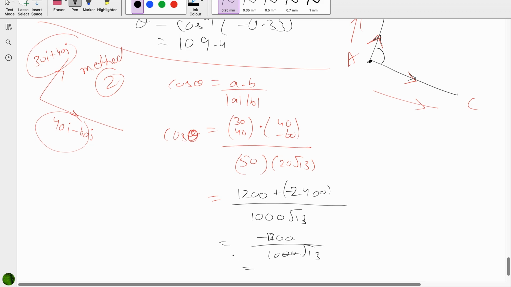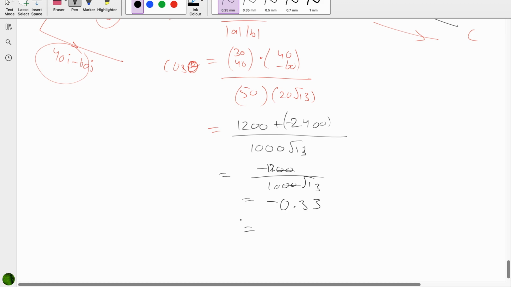We are left with minus 12 divided by 10 square root 13, and yes, we are getting the same answer. So minus 0.33, and again cos inverse of this, we get 109.4 up to 1 decimal place.